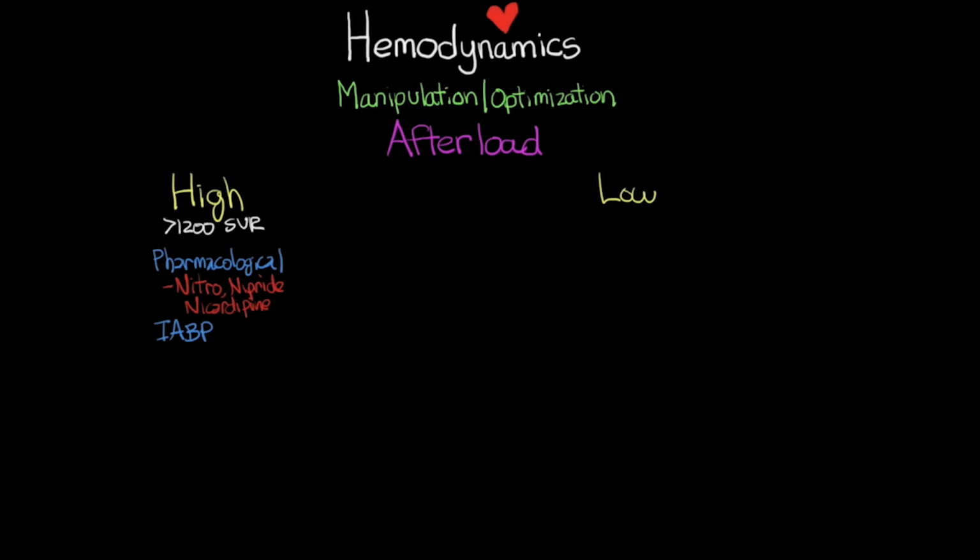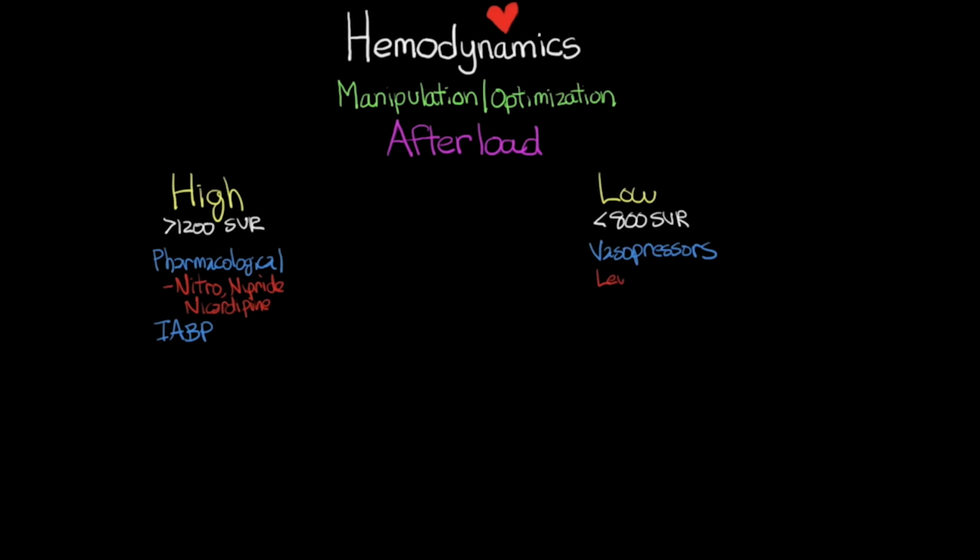All right, so finally for our low afterload, these are going to be where we have an afterload that's less than 800 for our SVR. And our intervention here is going to be our vasopressors. These are going to be all the ones that you are familiar with being in the ICU.